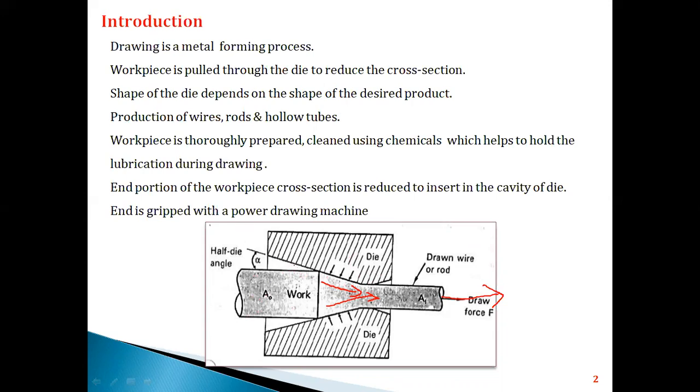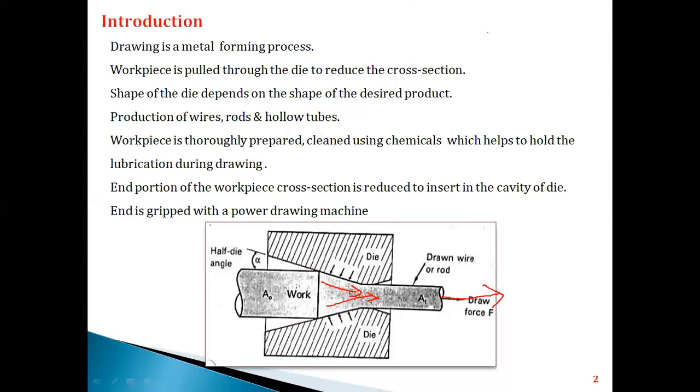When the work is passing through this die cavity, some friction force is developed. Apart from this, the end portion of the workpiece is reduced in its cross section so that it can freely enter.